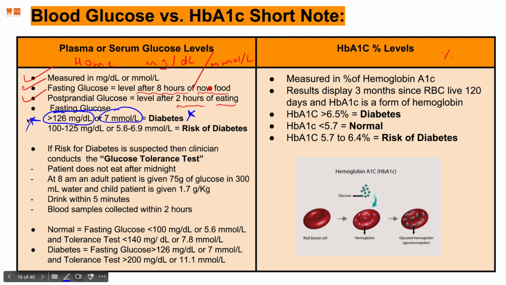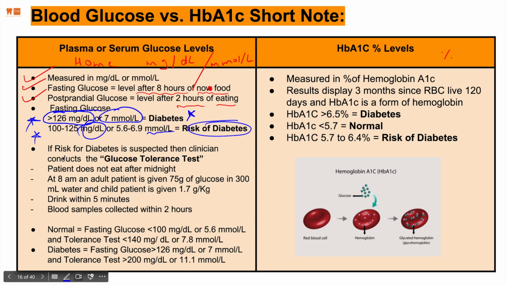Very, very important point. Please write it down, you guys. Also, a 100 to 125 milligram per deciliter or 5.6 to 6.9 millimole per liter. This is the risk of diabetes. These people are at risk.